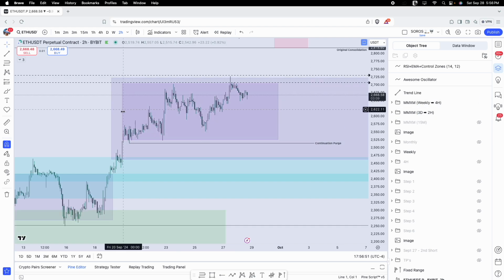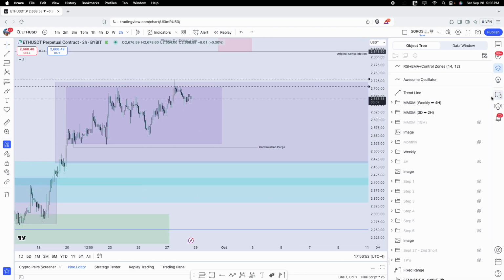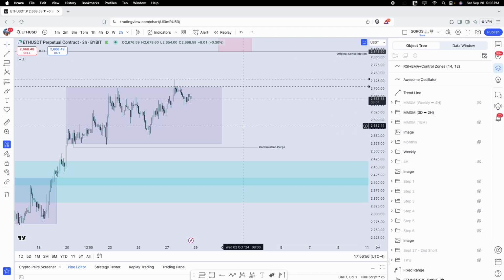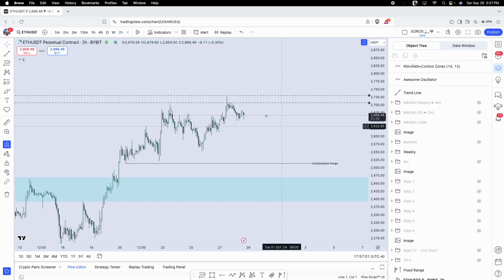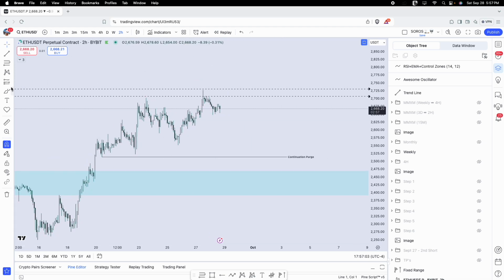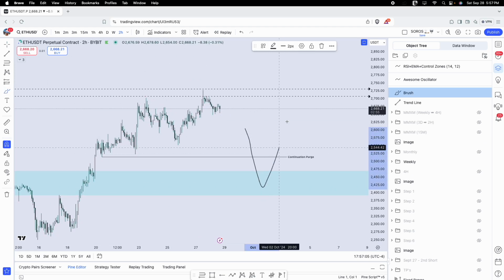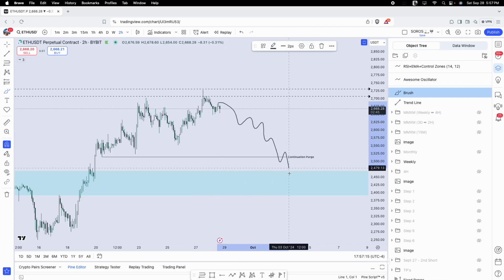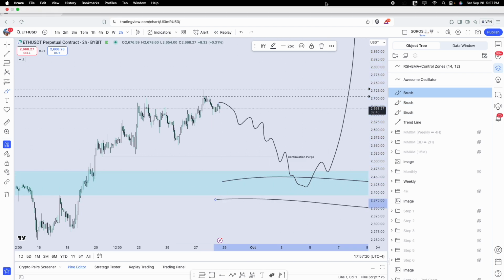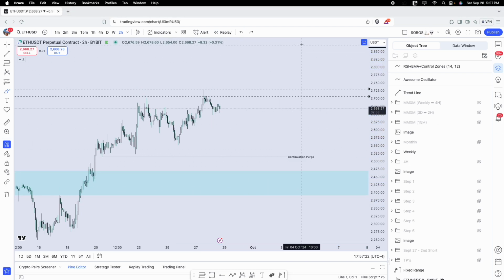And it looks the same whether you're on the 2-hour or 4-hour. Basically, they're both more or less the same market maker model. So now we'll get into the actual setup and this fractal right here, because even though I'm long on high time frame, because the weekly, monthly, and all high time frames are biased to go up, I just want to see the intraday bias realign with the high time frame, meaning I need to pull back into discount in order for the next magnet to be up here for 4-hour.